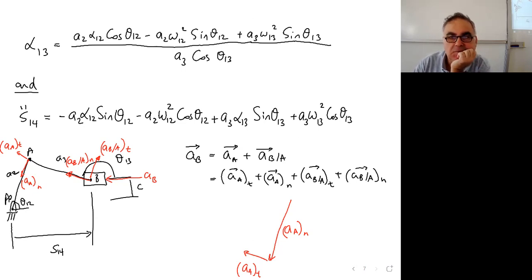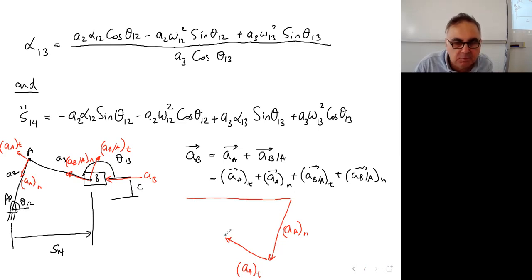Let's have it a little bit longer. Eventually, AB is going to be something like this. This is what we are going to aim at.